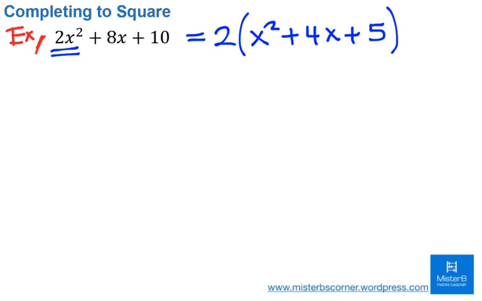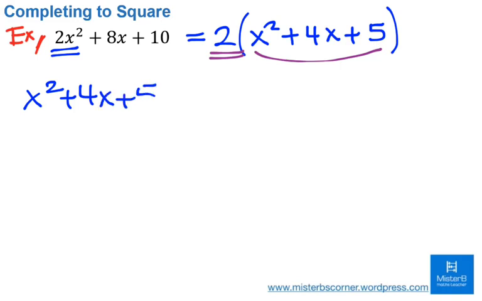Now, I'm going to focus on this part to complete the square, but at the end, I'm going to include 2 in the beginning as a common factor, right? I'm going to add that later on. So let's focus now on x squared plus 4x plus 5.